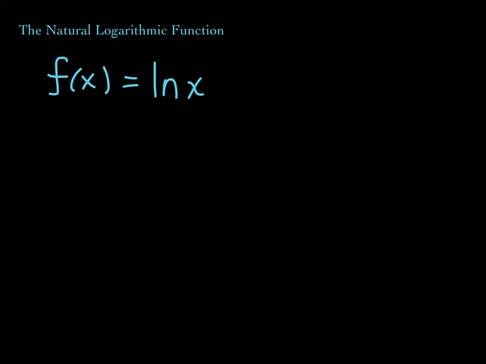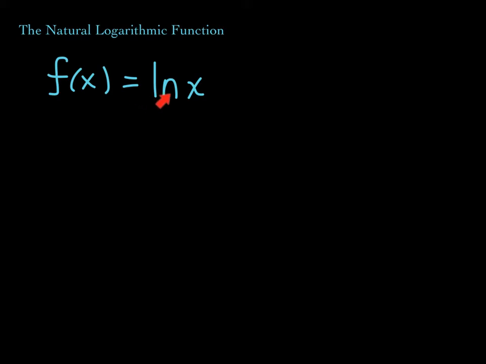Now, let's talk about the natural logarithmic function. Now, this is f of x equal to ln of x. That's how you say that, ln of x. I always joke around with my students and tell them, make sure you don't read this as one word like Linux. I'm not sure if that's funny or not to you, but I think it's kind of funny. So please don't say, oh yeah, Professor Gutierrez taught me about f of x equal to Linux.